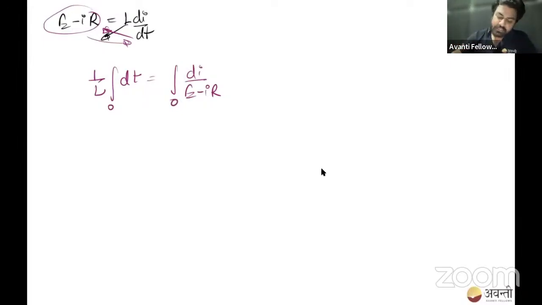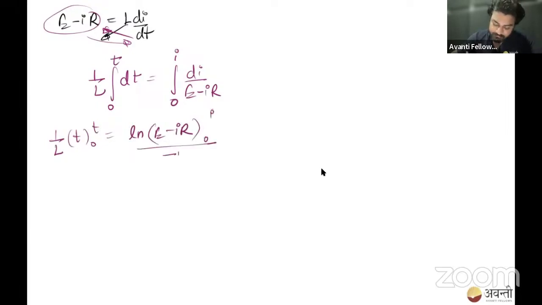After some time t, the current reached, let's say, I. Now a little bit of calculation I'll do. Please see that calculation quickly. So 1 upon L integration of dt is t, limit from 0 to t, is equal to integration of dI upon E minus IR, which is ln E minus IR, and again limit is from 0 to I. The integration with respect to I gives minus R in the denominator.